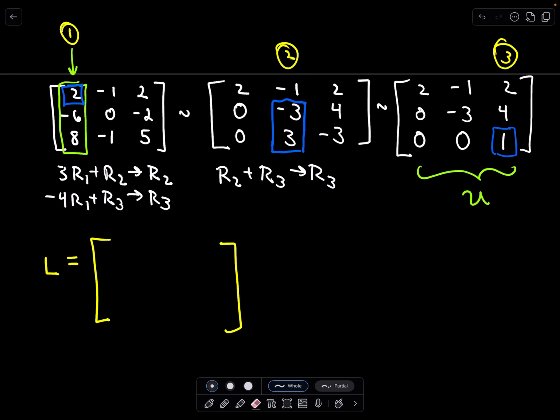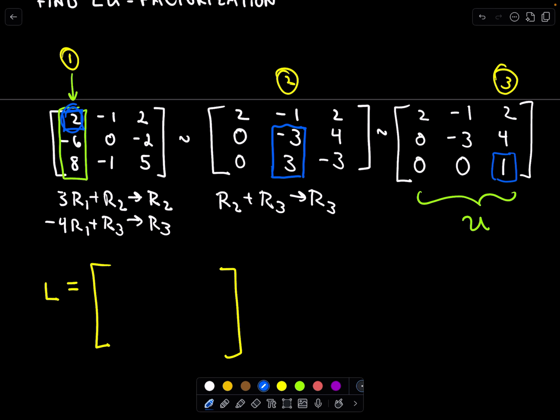So to satisfy the criteria, I'm thinking, what would I need to do to make this 2 equal to 1? Again, I want 1s along the diagonals. I would have to divide every value in that column by 2. That's what's going to go in the first column for L. So I'm going to take every entry. Again, I don't want a 2. I want a 1.